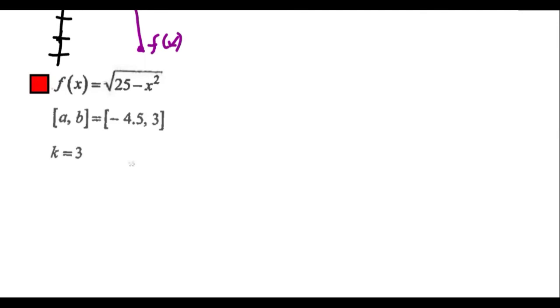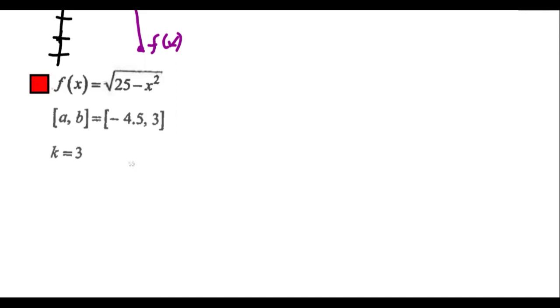f of x is equal to the square root of 25 minus x squared. Oh, that's our first radical function. Where is that square root function defined? Is it continuous? It's continuous everywhere it is defined. So how do you figure out when a square root function is defined? What works, what doesn't work?